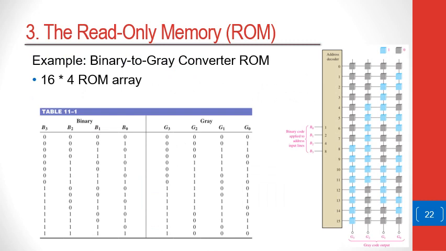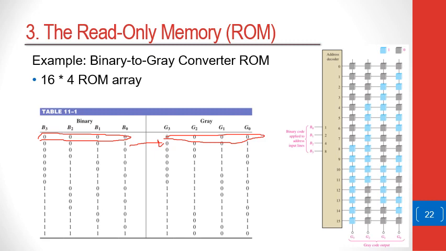An example of a ROM can be, for instance, a binary to Gray code converter. This is an example of a 16 by 4 ROM. Recall that when we have a binary to Gray code converter, we have a code where, for instance, 0000 corresponds to 0000, 1 corresponds to the normal one that we know.